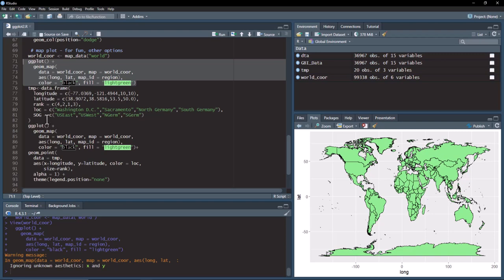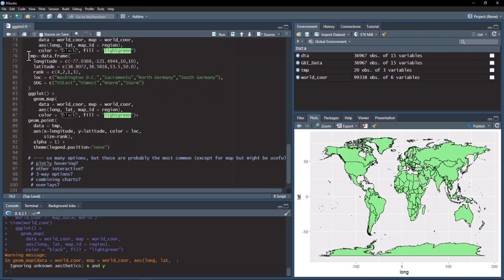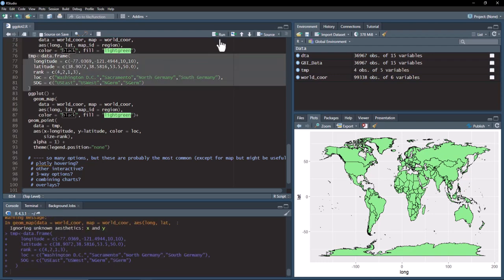If you wanted to add something on top of that, you could take some of what we have. So we had these 4 areas: US East, US West, North and South Germany. I just searched online for their coordinates, so their longitudes and latitudes, and I gave them a rank where 4 has the most sales, 1 has the least sales, and so created that data frame.